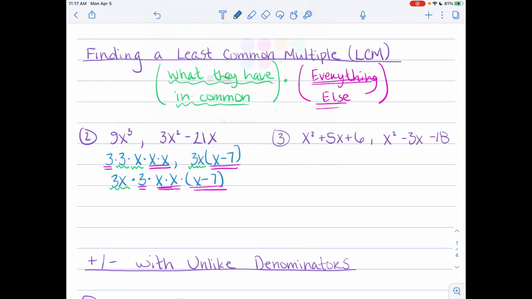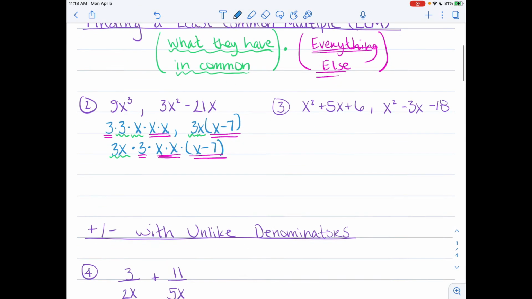Let's simplify this a little bit. I have a coefficient of 3 and another coefficient of 3, so that'll give me 9. I have 1, 2, 3 x's multiplied together, so that'll be an x to the third, and then in parentheses x minus 7. And so this is our simplified form of our least common multiple.